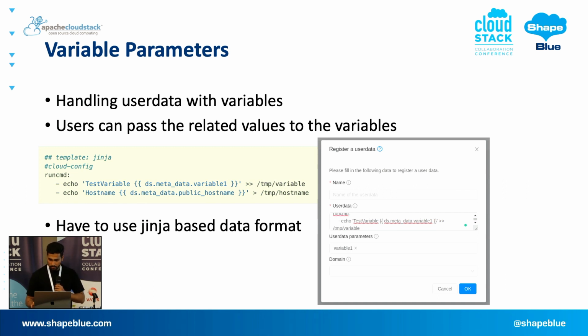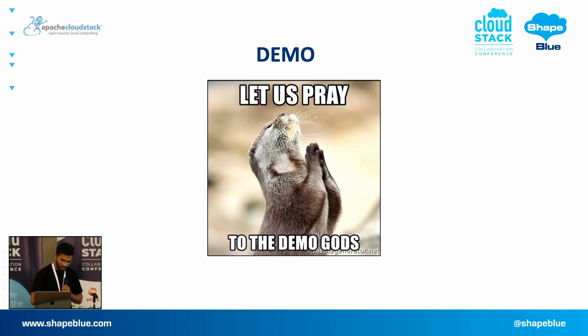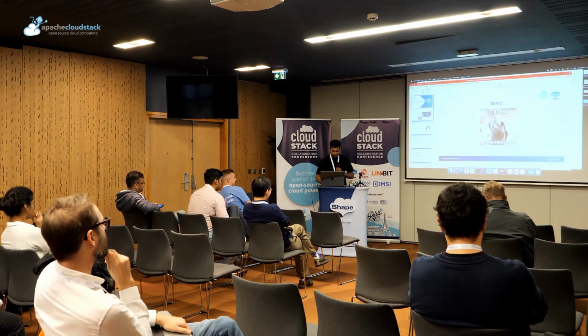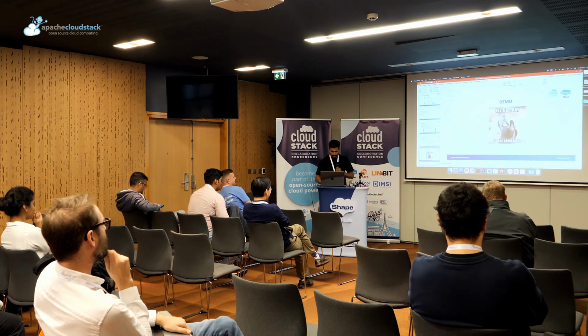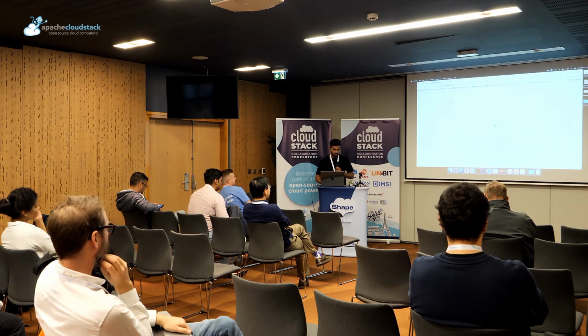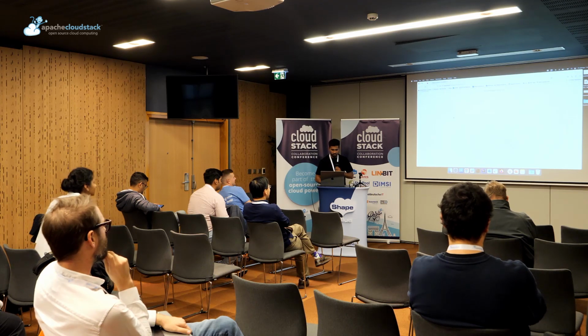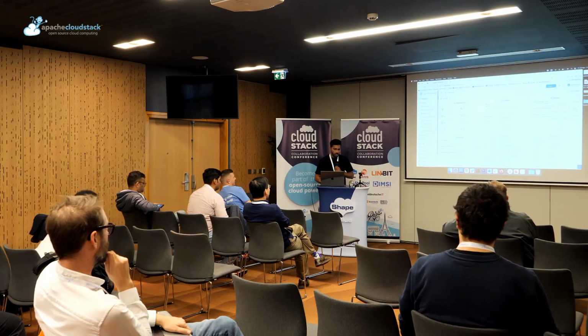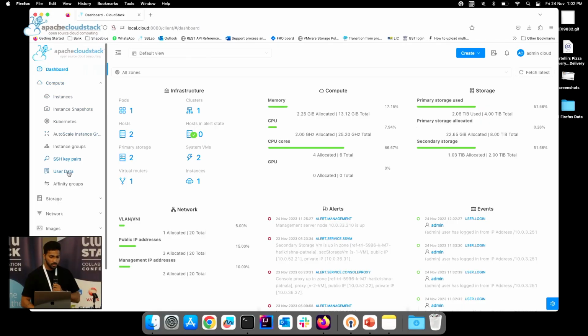I'll try to give you a quick demo, but I'm not sure it will work anyway, because that's just a pretty simple workflow, as I said. Yeah, this is the one I'm talking about. Under the compute section, we have the new user data section.